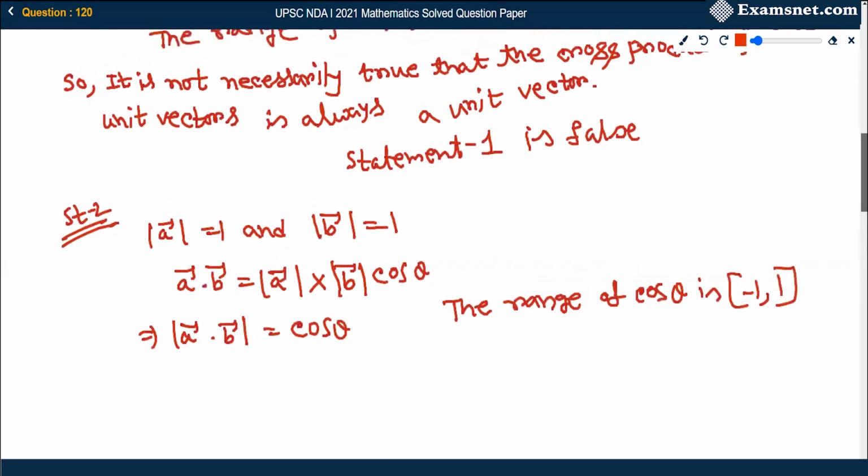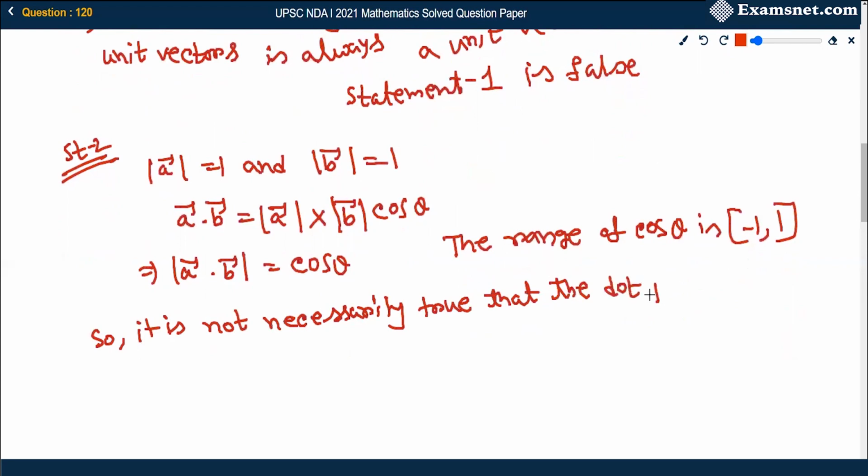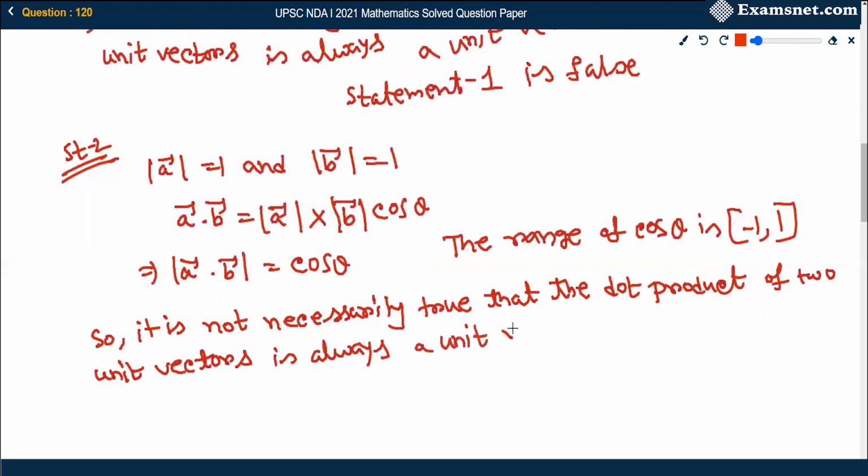So it is not necessarily true that the dot product of two unit vectors is always a unit vector. Okay, so again statement 2 is false.